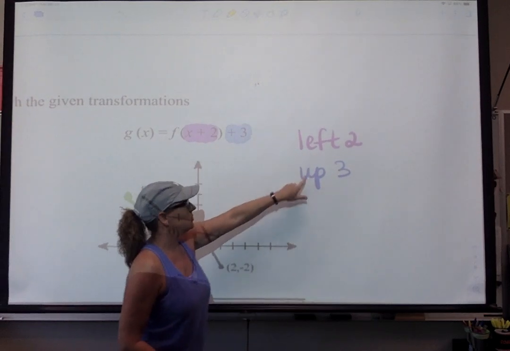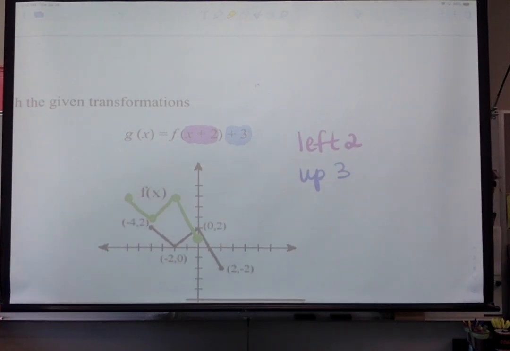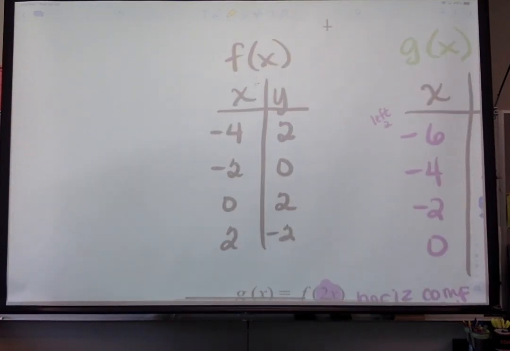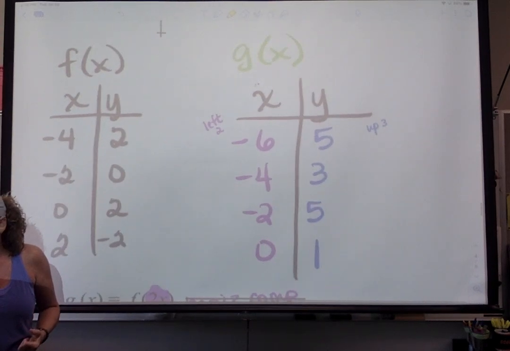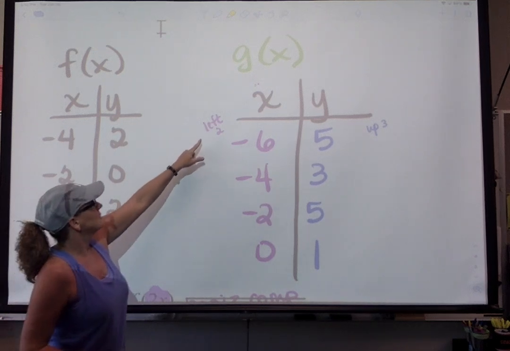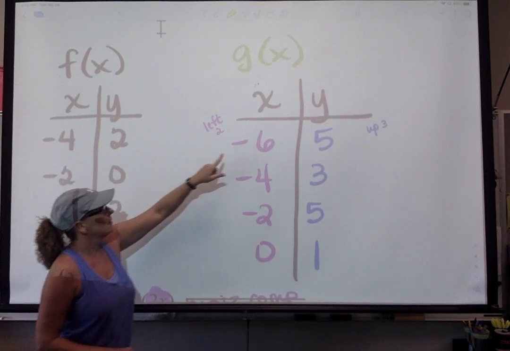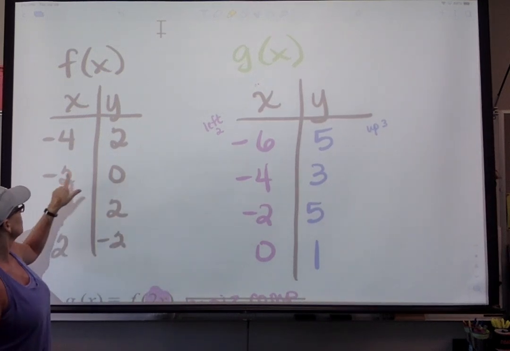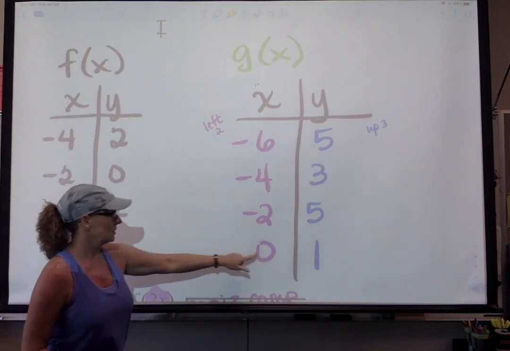So I need to go left 2 and up 3. Same original points; I went ahead and wrote them down again. And then I did that to them. I took left 2, left 2, left 2, left 2.